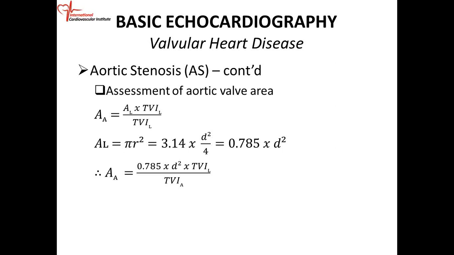Another important thing, we talk about a dimensionless index. So if the images are not very clear, you can use the left ventricular flow tract TVI over the aortic valve TVI. And if that is less than 0.25, it suggests severe aortic stenosis.